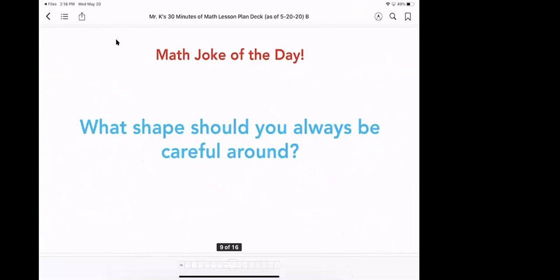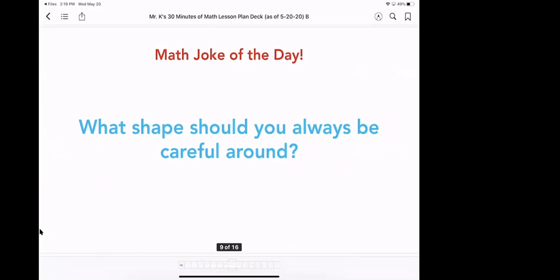All right, here is our joke for the day. What shape should you always be careful around? All right, do we have any solutions coming in?